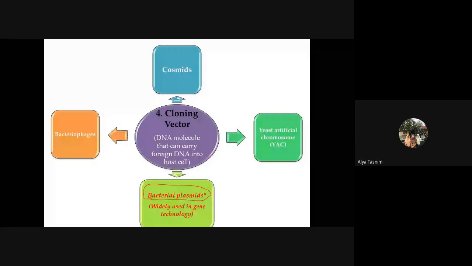The cloning vector here is the plasmid, the same as before. The most common cloning vector is the bacterial plasmid, widely used in gene technology. You can also use a cosmid, so you can read up on what cosmids are, or a bacteriophage or a yeast artificial chromosome. What we will concentrate on for our syllabus is the bacterial plasmid, because it is commonly used.